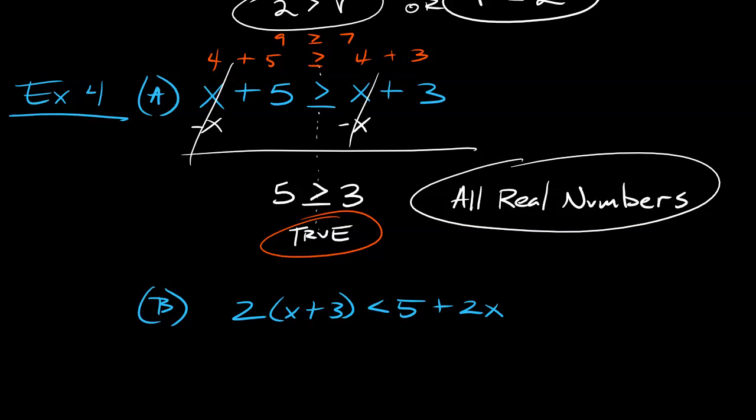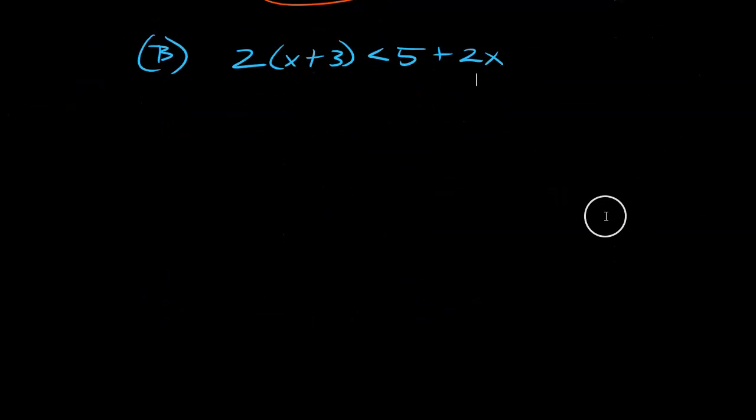Okay, so 2 times x plus 3 is less than 5 plus 2x. And Sophie, can you tell me how to go about solving this? Oh no, Sophie was right. Yep. Yeah, good. What do I get when I do that?